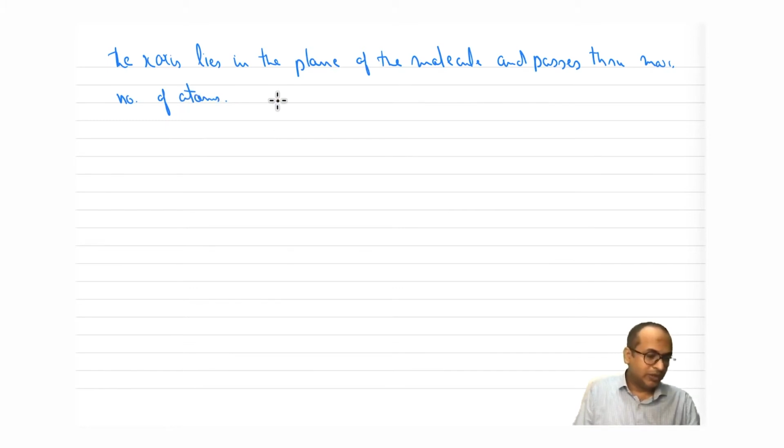However, this is again for the planar molecule only, so I'm continuing in the same point.